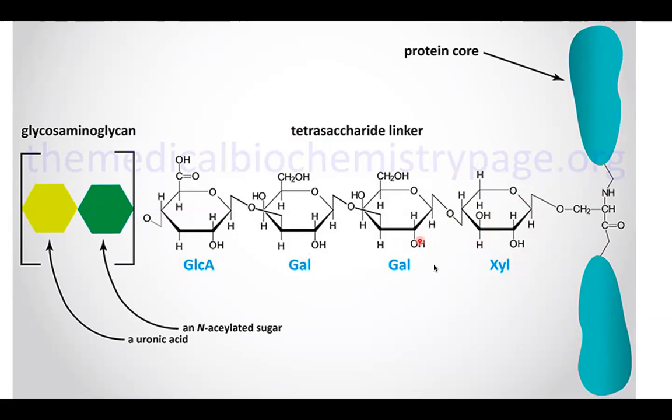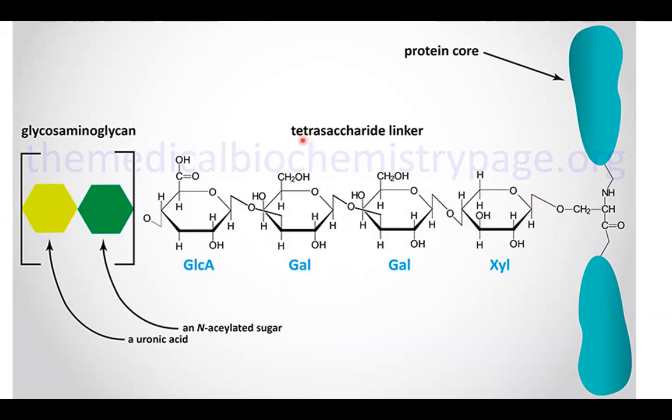If I look at my carbs, this sequence is really important. Look at the sequence of each sugar: glucuronic acid, galactose, galactose, xylose. You'll notice that the xylose is attaching to the protein. So xylose is the specific sugar that attaches to my protein. That is really important to know.